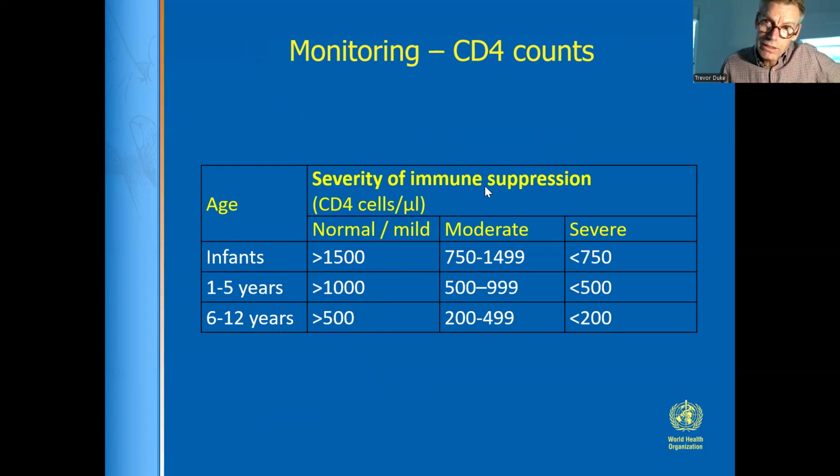And then there's levels of moderate immune suppression, and then there's levels of severe immune suppression. Many children, at least what used to happen, is when they would present with opportunistic infections like Thomas did, with hepatosplenomegaly and lymphadenopathy and oral thrush, and chronic or recurrent diarrhea, they would have severe immune suppression, and their CD4 count would be very low, like it is in this table.